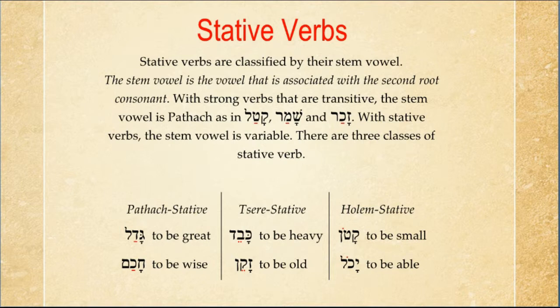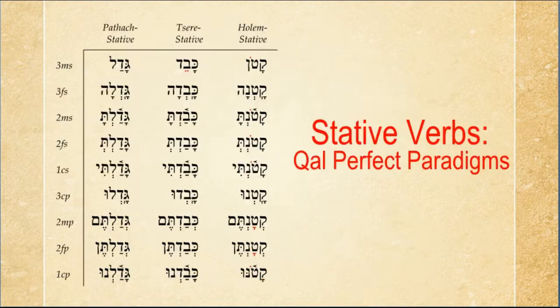Certainly not a major point in this chapter, but it's good to know because it will come in handy as we continue to study. Now, here's the stative verb paradigm, Qal perfect. Once again, the three groups, the patach, the tsere, and the holem categories, and see how they change going through the Qal perfect paradigm. This is a good one for you to notice.